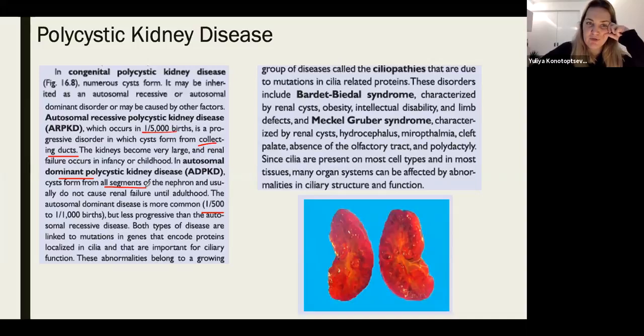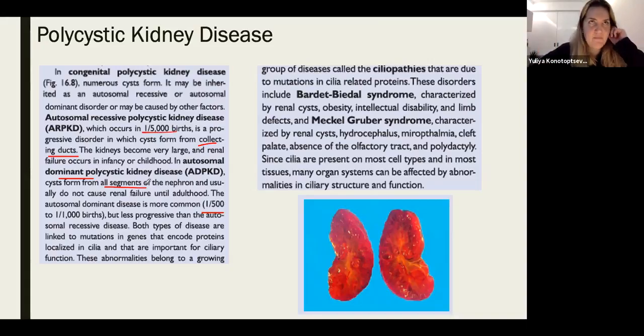In the dominant polycystic kidney disease, the production of urine is normal. It's just that there are a bit of cysts present in the excretory tubules, like proximal convoluted, loop of Henle, distal convoluted. But collecting ducts are normal, so urine still passes.